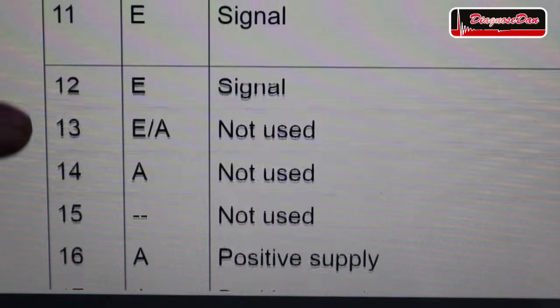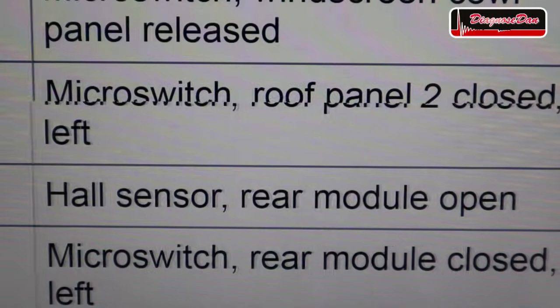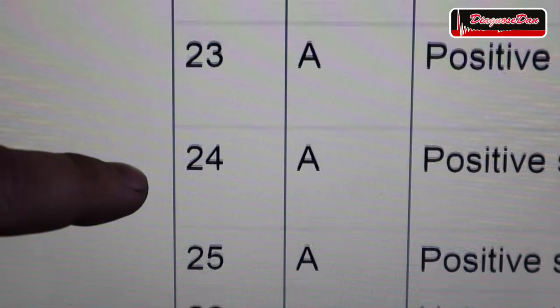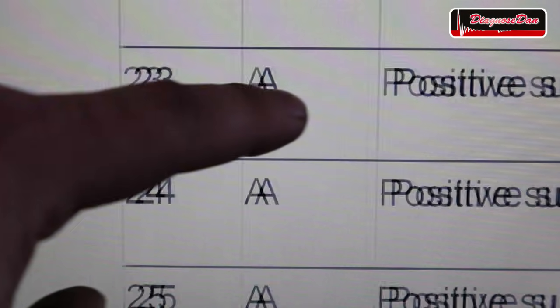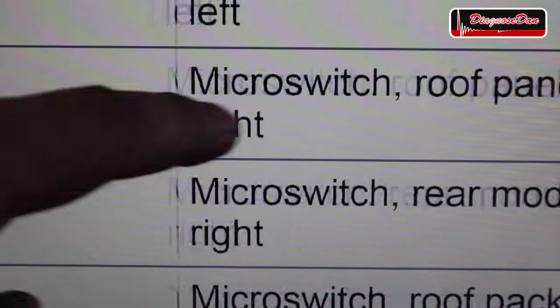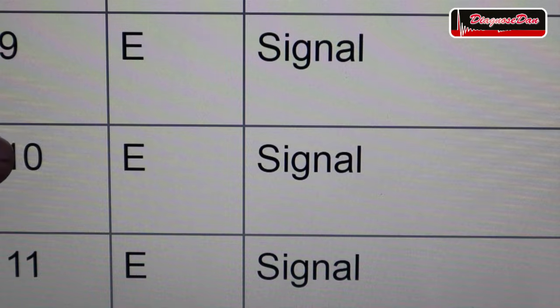The power supply to that switch can be found on pin 20. The power supply to our known good right-hand side switch can be found on pin 23, and its signal can be found on pin number 10.